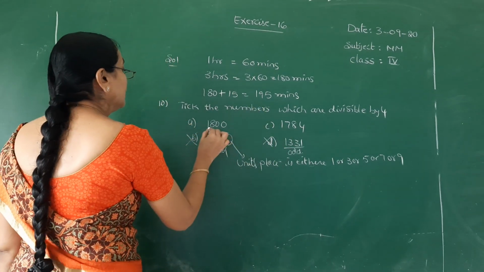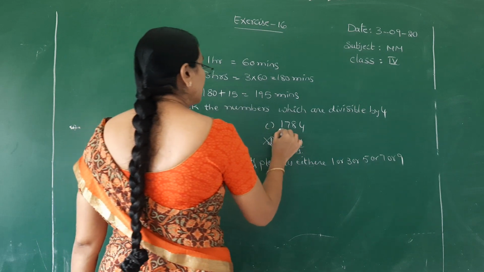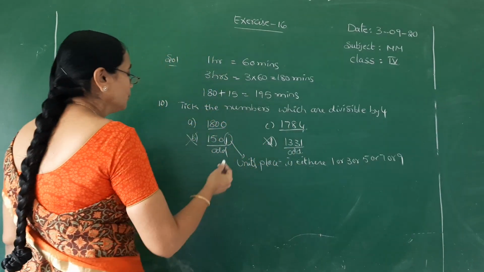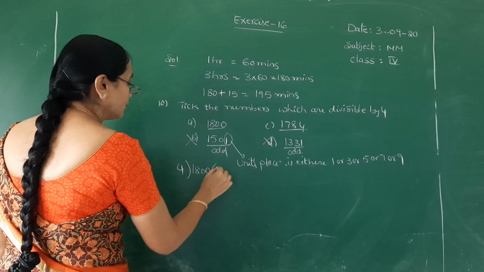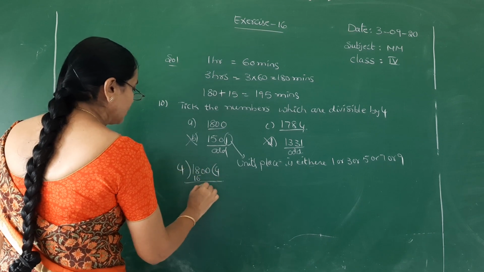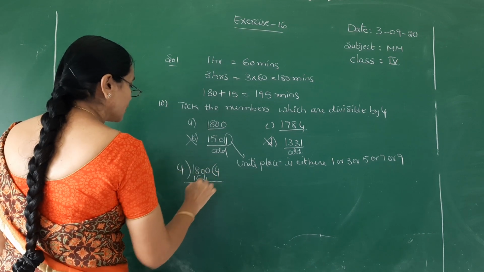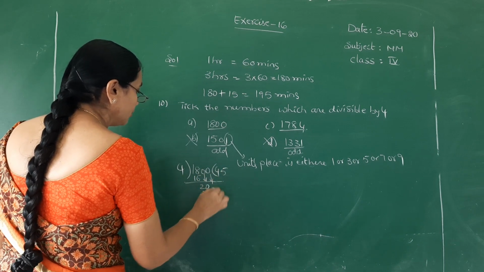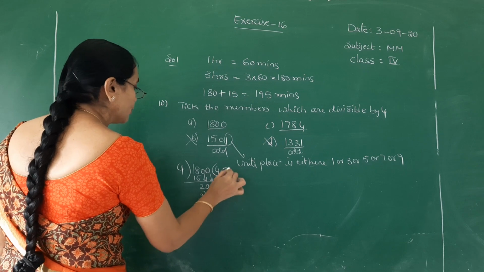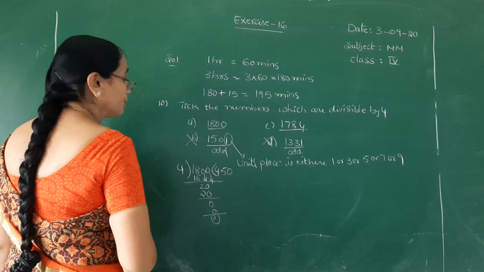Okay, and see 1800 and 1784. You know, normal division you have to do. 4 4s are 16 and 2, drop 0, 4 5s are 20 and 1 more 0. You have to divide each digit, 4 zeros 0. So 450.